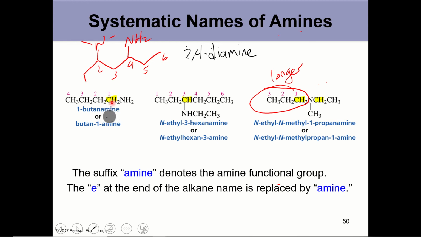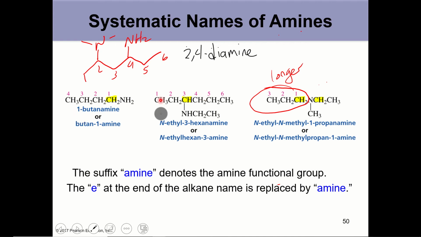So these rules are similar to the rules for alcohols. So this would be a 1-butanamine, with the butan indicating the number of carbons in the longest chain, and the 1 indicating the carbon number in the longest chain that is bonded to the nitrogen.